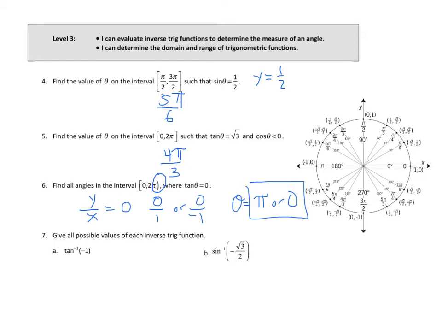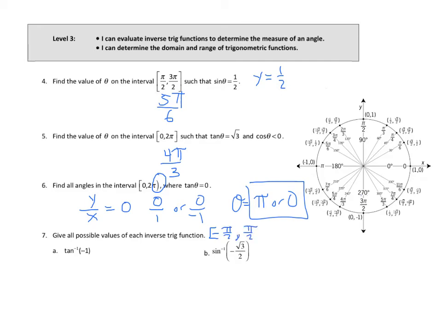But trig functions have restricted domains, so the inverse trig function's values can only occur at certain places in the unit circle. And for sine and tangent both, we're going to be looking from negative pi over 2 to pi over 2.